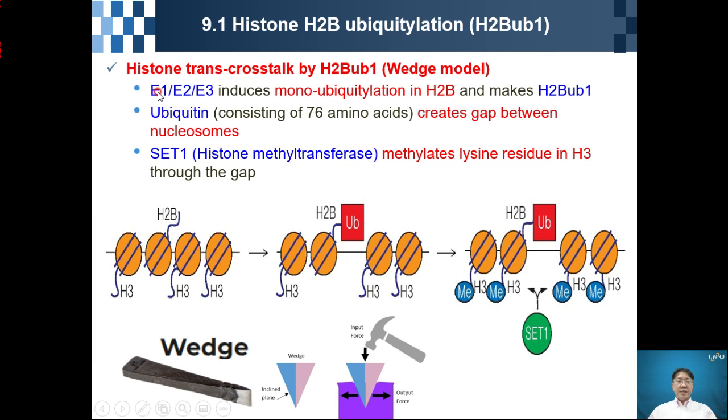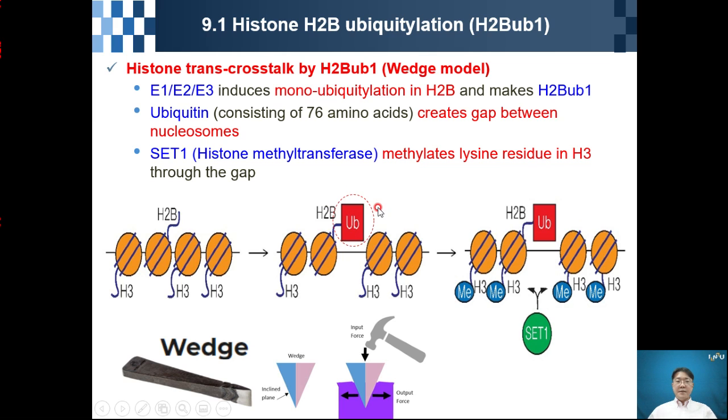First of all, E1, E2, E3 induce monoubiquitylation, especially in H2B, and make H2B UB1.